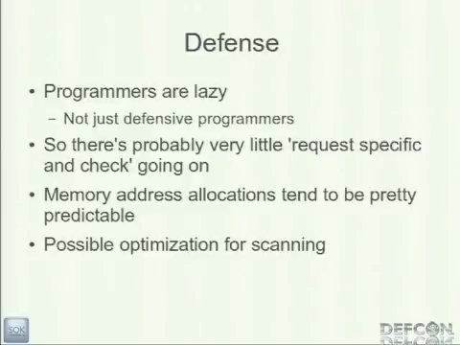Most of them are just going, when I want to inject, I'm going to request that you allocate a certain size, and you get contiguous pages in memory, and the base of those pages tends to be pretty sequential. So if you wanted to optimize your scanning for where reflectively injected DLLs might be, one way to do it, from a defensive perspective, would be to intentionally insert yourself into another process and see where the allocation happens, and then work backwards from there, so that you're not trying to scan all of memory all the time. Just a possible optimization.